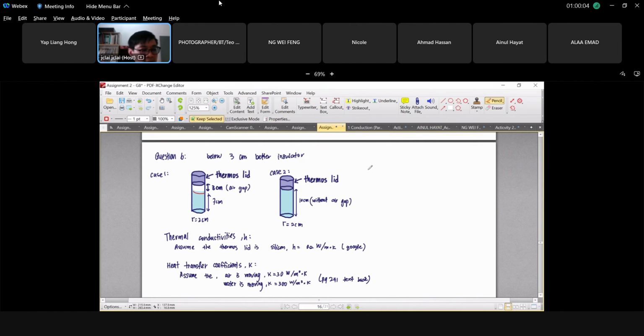Actually, your circuit diagram can be very simple. For case number 1 with air gap, you only need to draw this. You only need to draw like this.